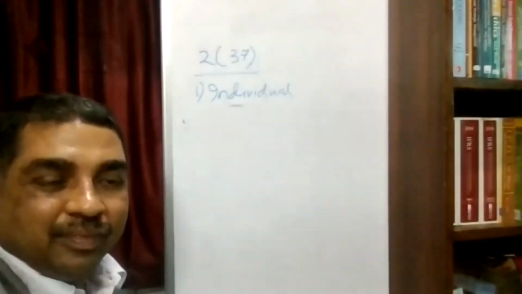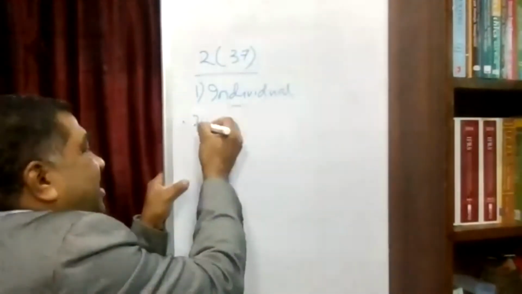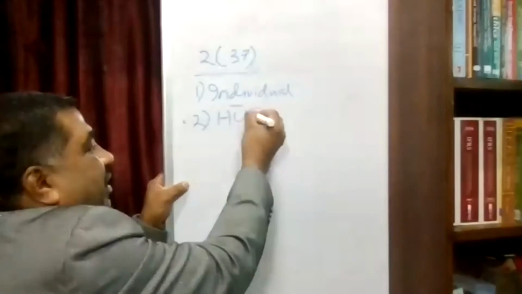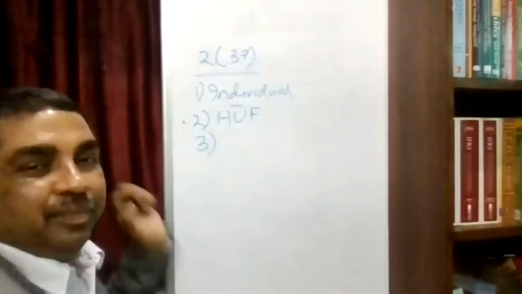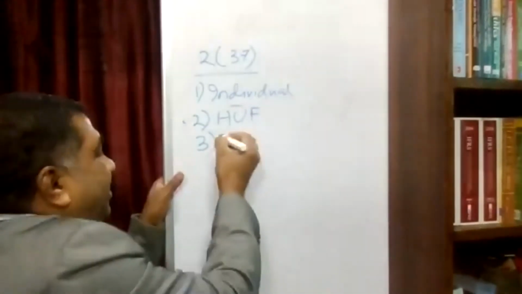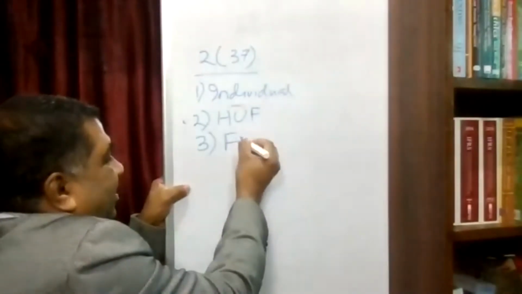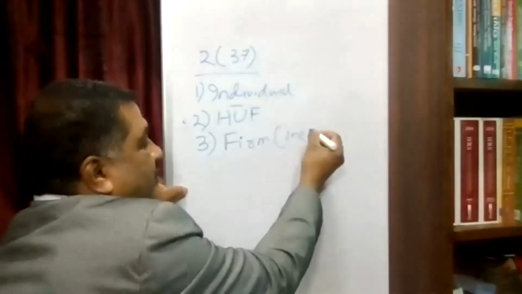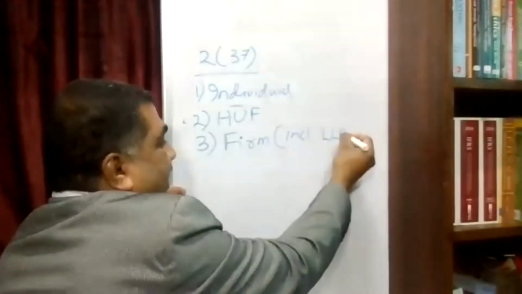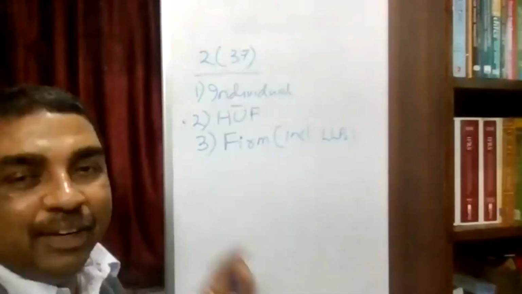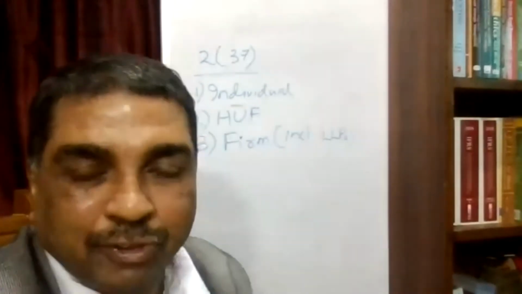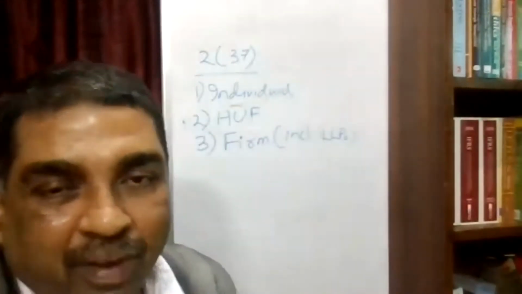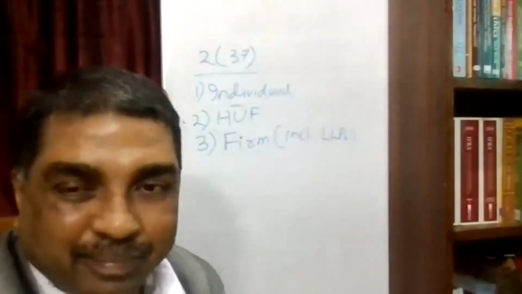One is individual. Second one is HUF, Hindu undivided family. Company. Firms, which includes LLP. Limited liability partnership firms are also included, and under income tax law, firm and LLP are the same.